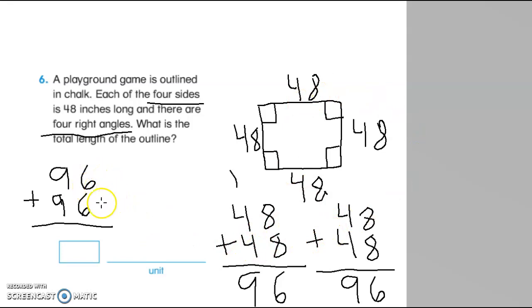Start with your ones. 6 plus 6 is 12. 9 plus 9 is 18, plus 1 more is 19. 19 what? Ooh, what did they measure it in? We have 48 inches. So I'm going to write 19 inches.